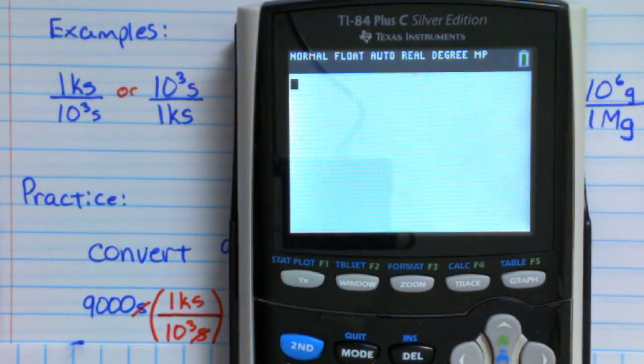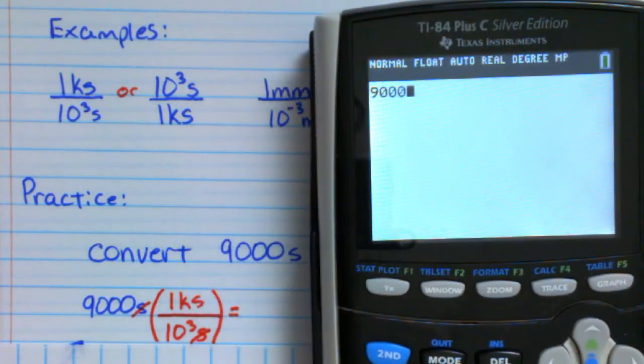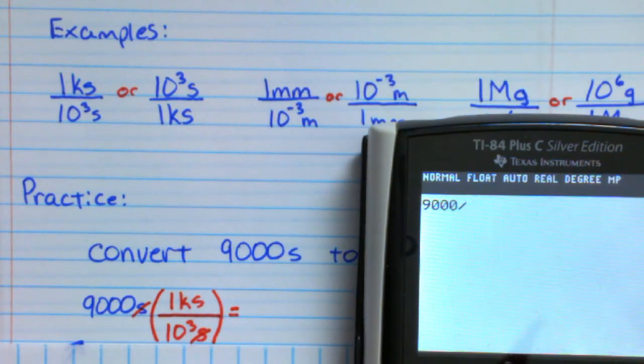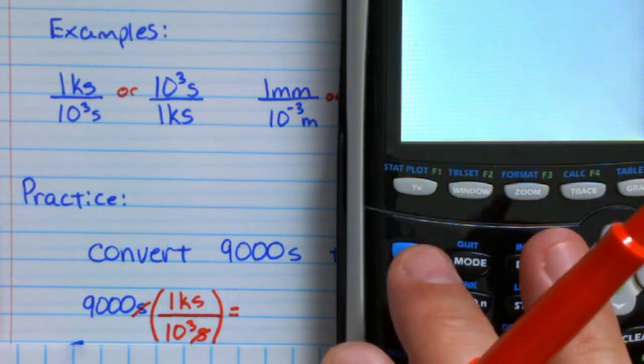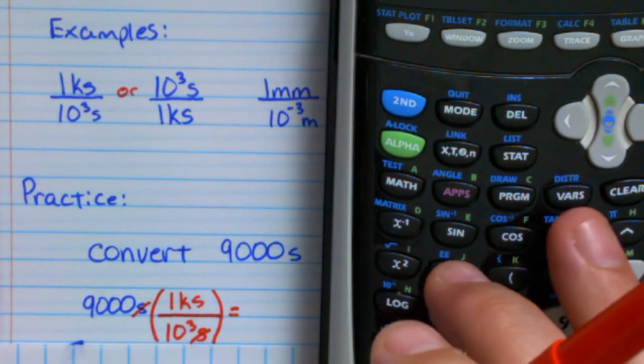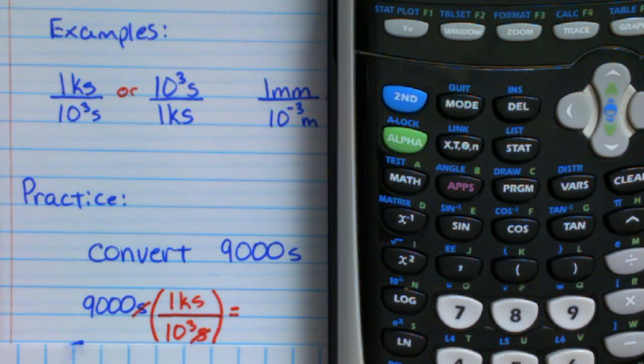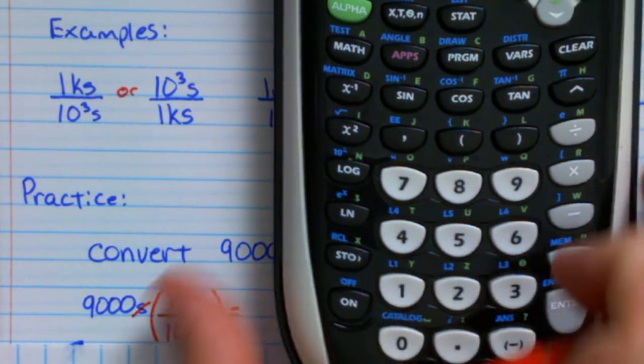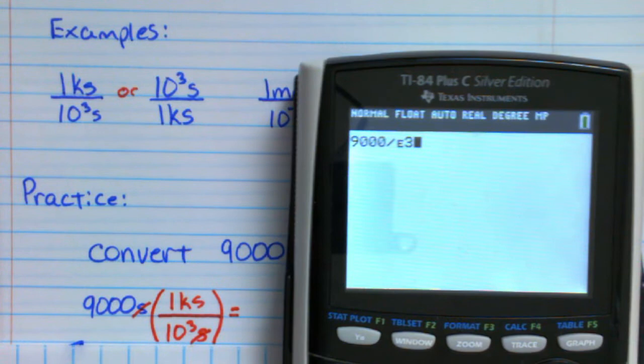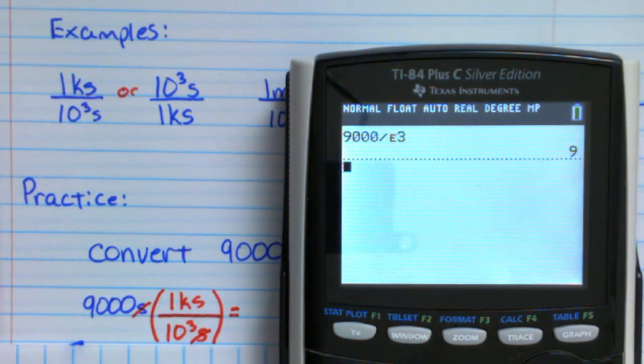So you would type 9,000, and then since we're dividing by 10 to the third, I press second, I press double E, and then I press 3. And it looks like that. When you hit enter, that gives you 9.